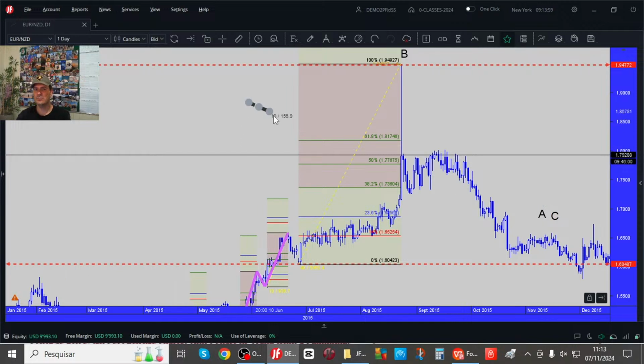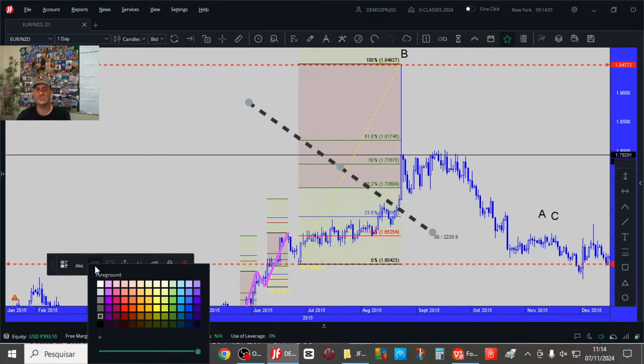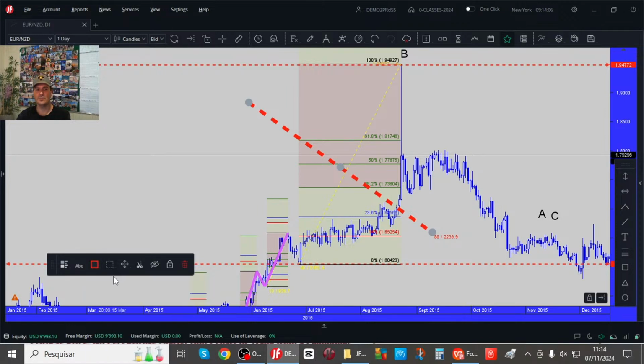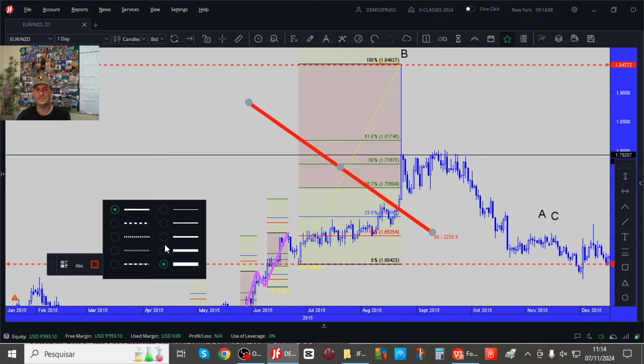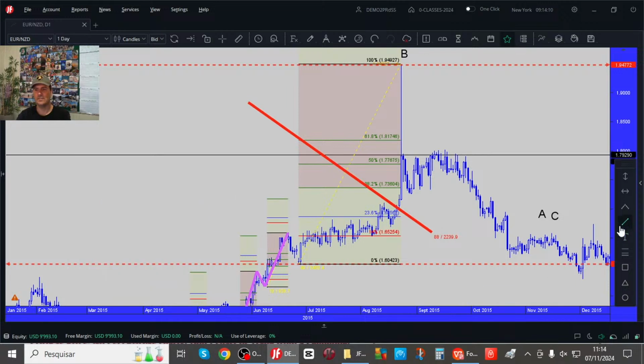Okay, red cross on the Fibonacci, which is not valid anymore. All right, everybody, not valid anymore.